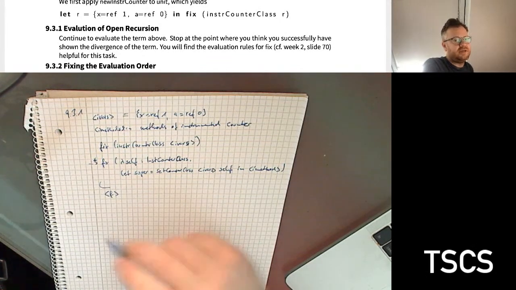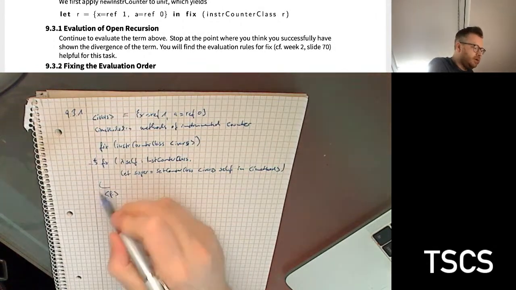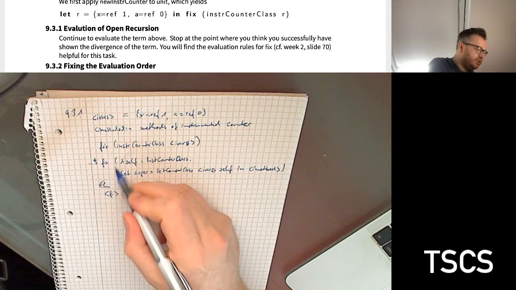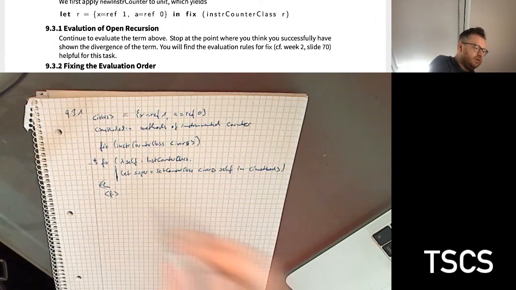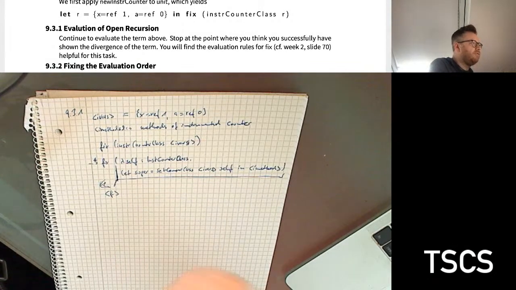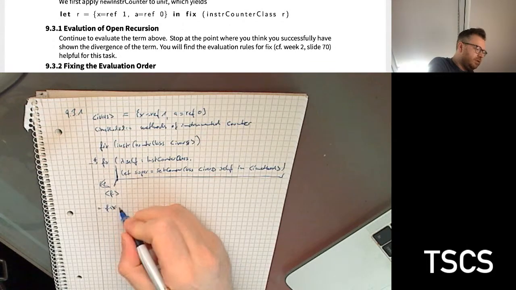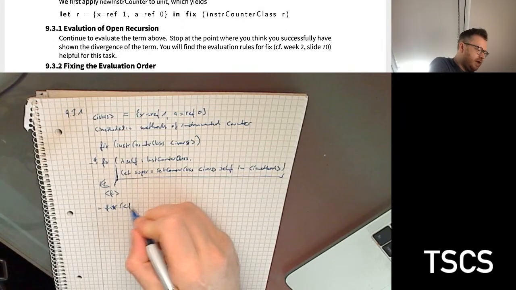It's just syntactic, just for brevity. Not the entire thing, just this parenthesis to here. So this is now F. When we rewrite it, this is now equal to fix of F.